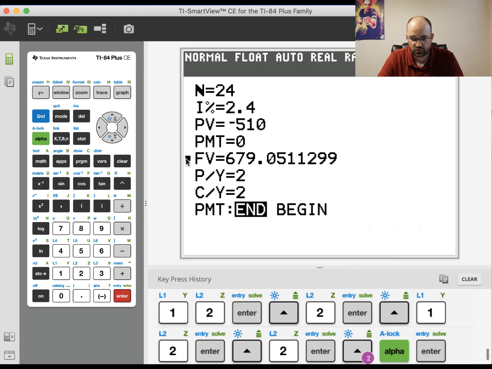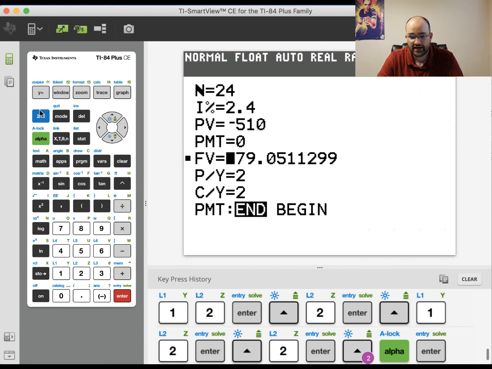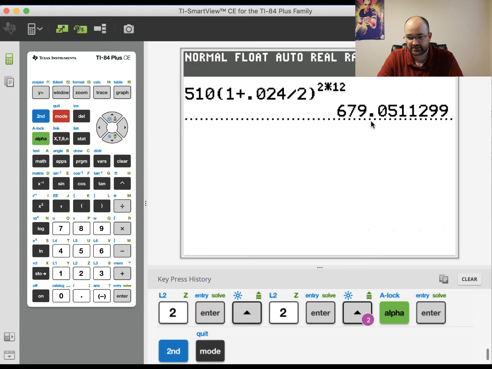And notice that there is a square that's created as a result. And that's going to give me 679.0511299. And that is exactly what we got here, 679.0511299. The exact same thing. So I'm going to go ahead and put a little square right here. All I'm doing is I'm writing down what we saw.